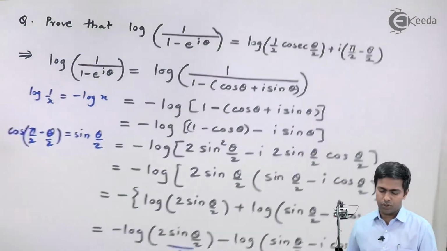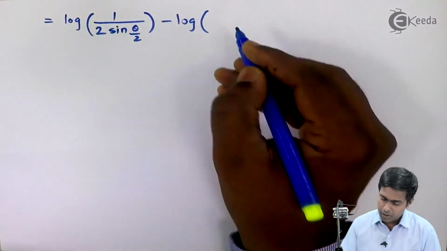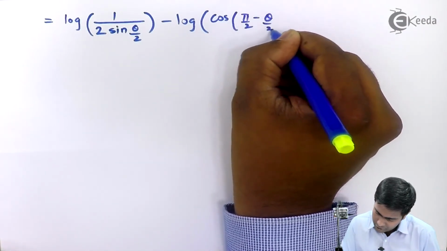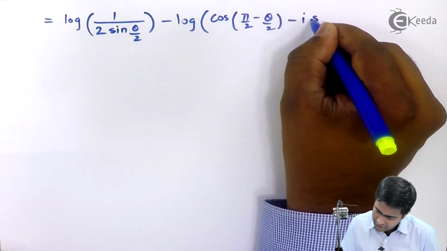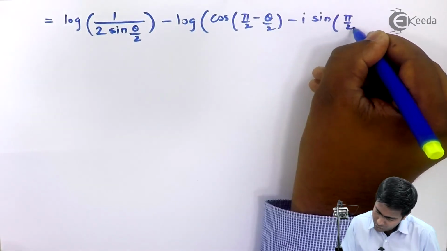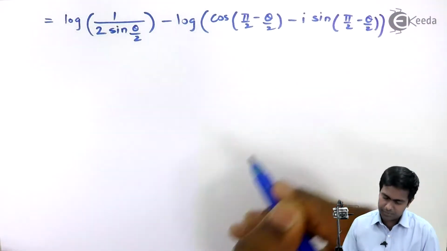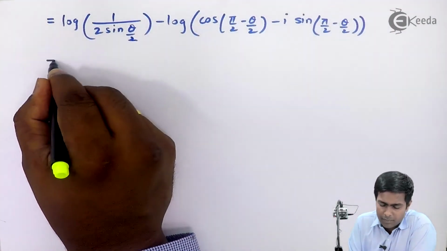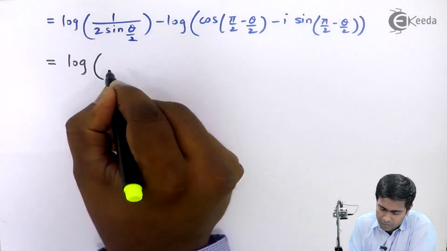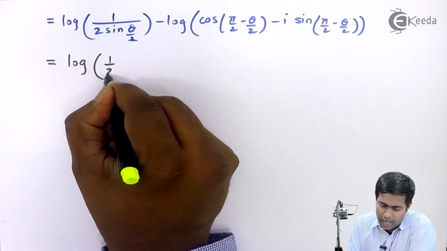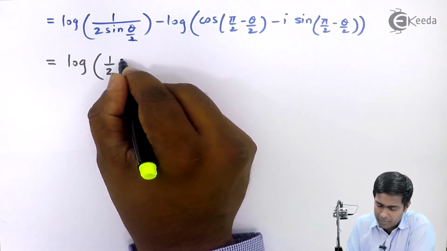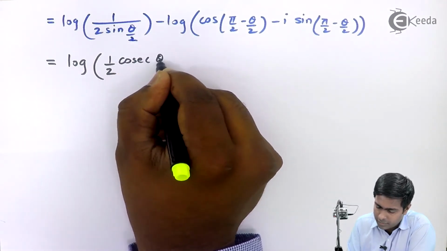So let's substitute. Here it will become cos of pi by 2 minus theta by 2 minus i sin of pi by 2 minus theta by 2. Now next, this will become log of 1 by 2, which remains as it is, and 1 upon sin theta by 2 will become cosec of theta by 2.